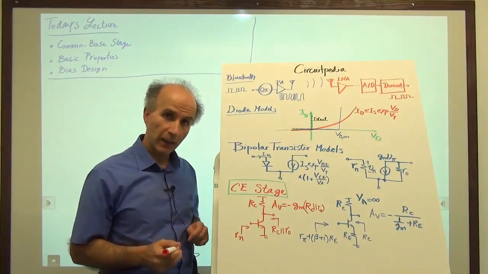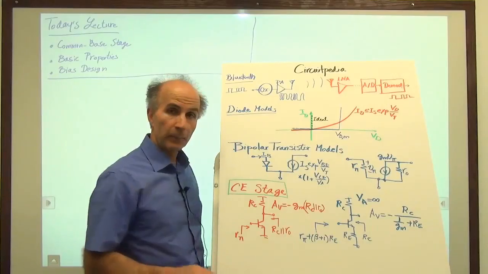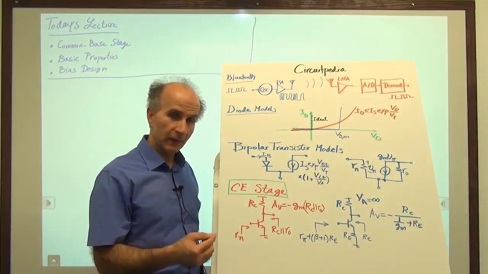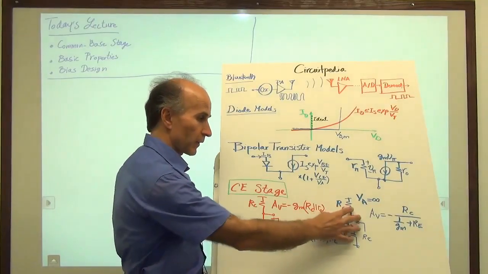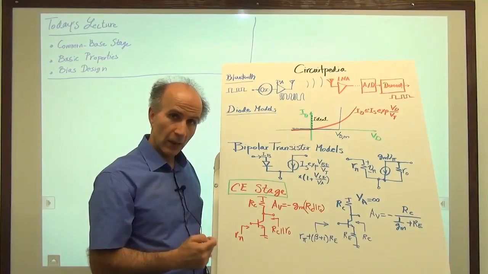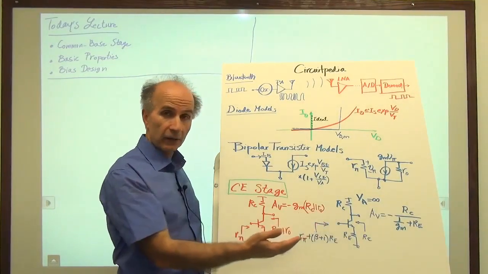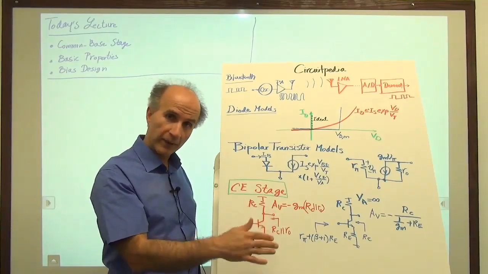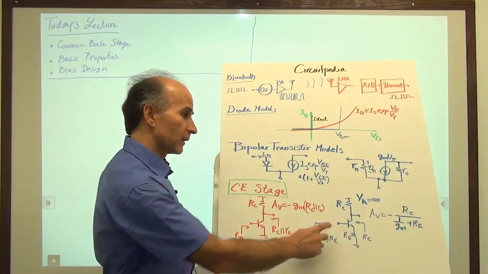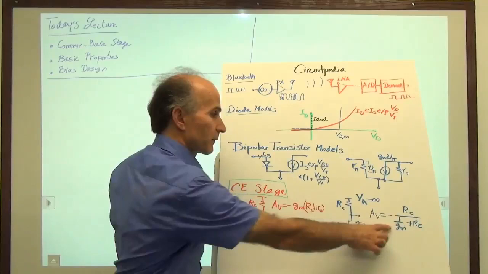Then we went ahead and added a degeneration resistor because our hope was that it would reduce the sensitivity of the circuit's parameters, such as the bias current or the gain, to various factors. For example, temperature or process or even the signal level. And we saw that the overall voltage gain from the input to the output now assumes this form.